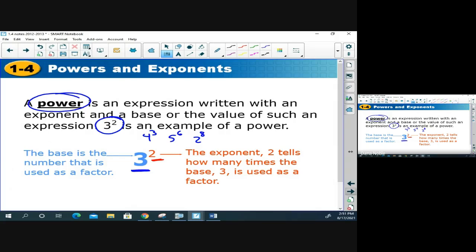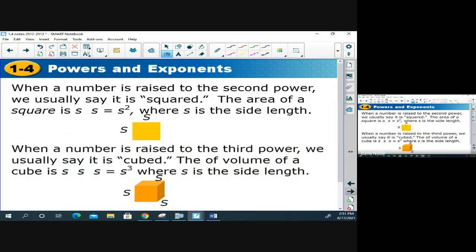So now if we go to the next page, we can see some terminology that comes up when doing exponents. When a number is raised to the second power, we call that squared. And you can see they put the letter S for side, and they're saying that this is the side being squared.